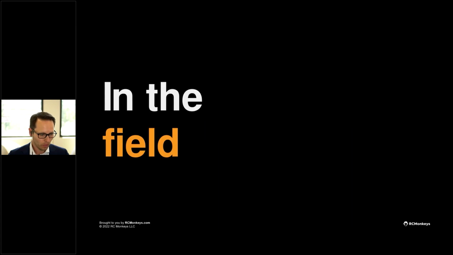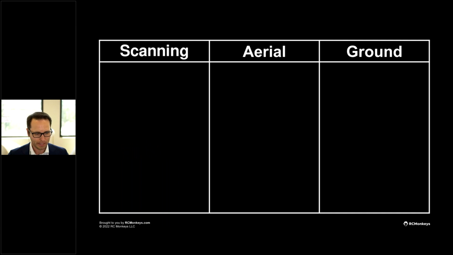All right, so in the field, what are some of the things that we've learned that apply to this process? I'm sure a lot of you that are watching this have scanned for a long time, but unfortunately, not all scans are created equal when it comes to using that data and aligning it to a photogrammetric model.